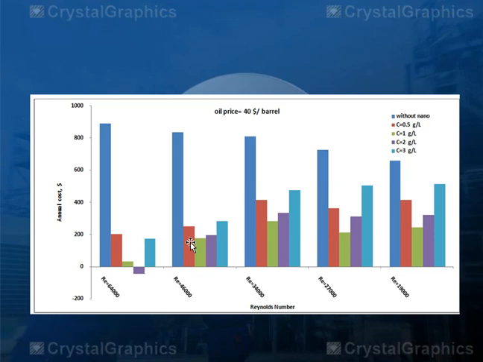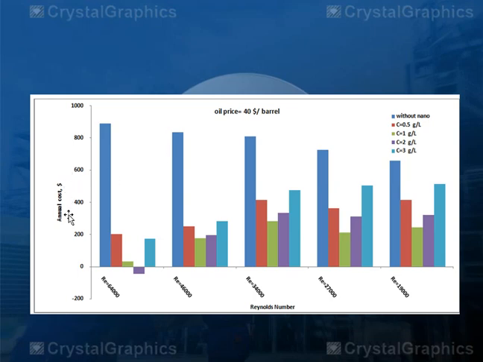Here are rough cost estimations for three conditions: before, during, and after the pandemic. Before the pandemic, the oil price was $40 per barrel.